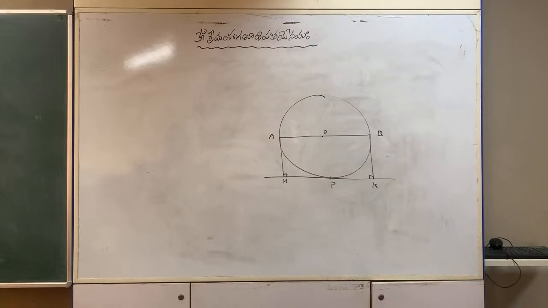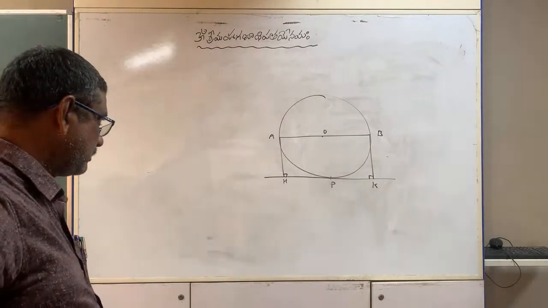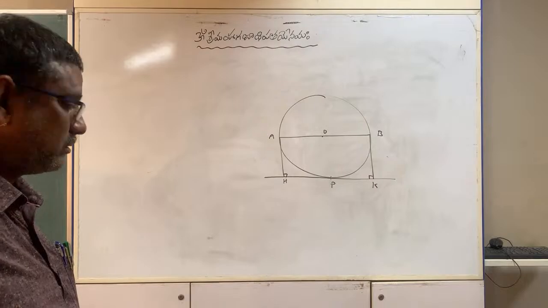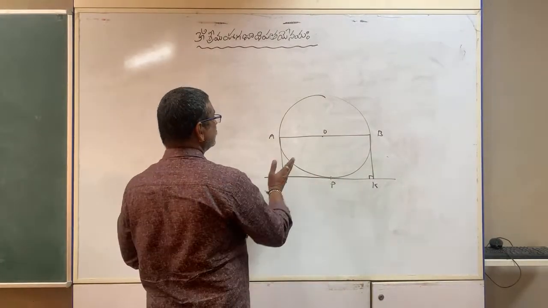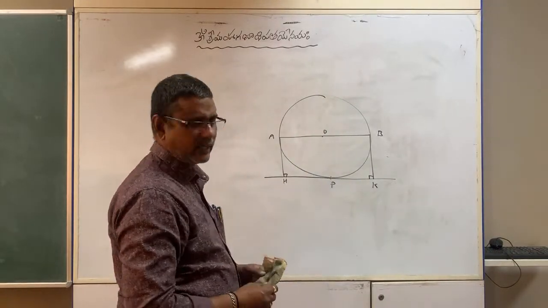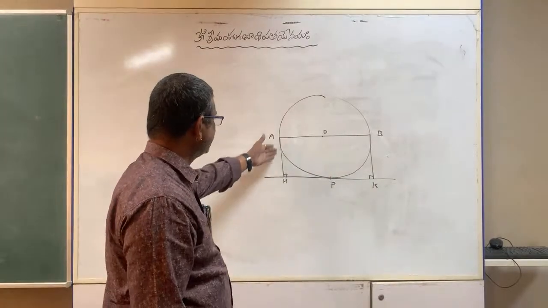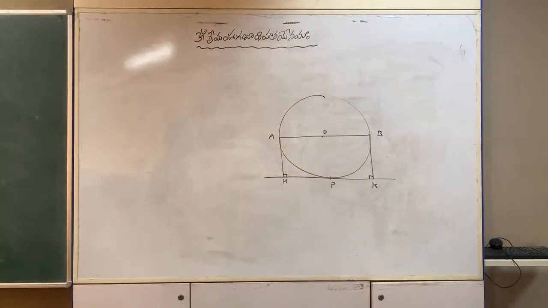Sir, it is touching the circle at one point. మీరు ఇలా గీసాను కాబట్టి మీరు అలా అనుకుంటున్నారు. ఇది 90 డిగ్రీ. ఇది టాంజెంట్ కాకపోతే ఆలోచించండి. టాంజెంట్ కాదు, అది లోపల నుంచి కూడా రావచ్చు కదా.